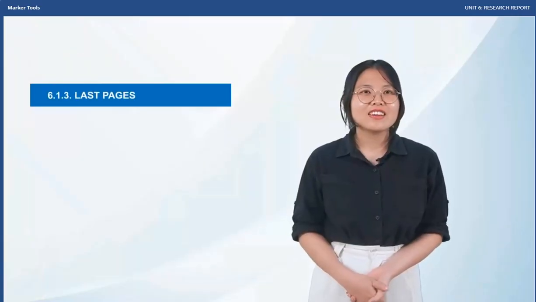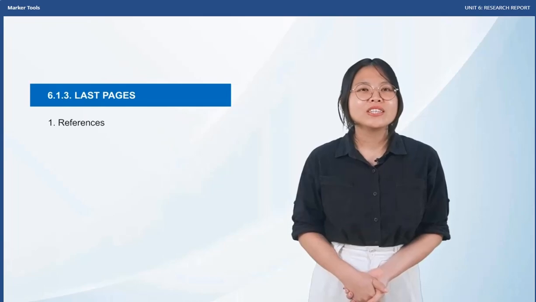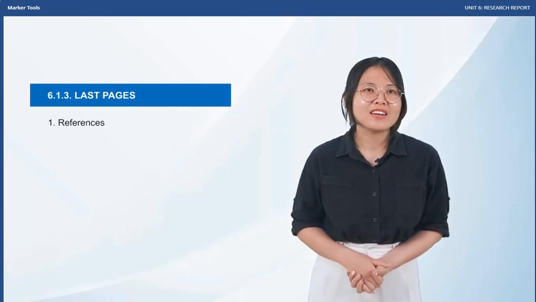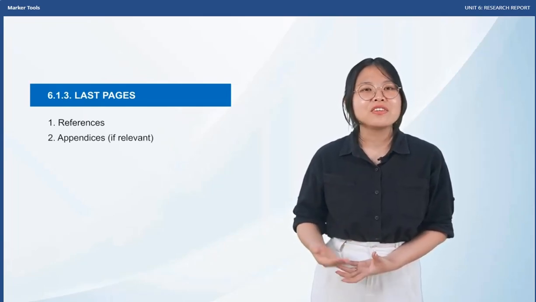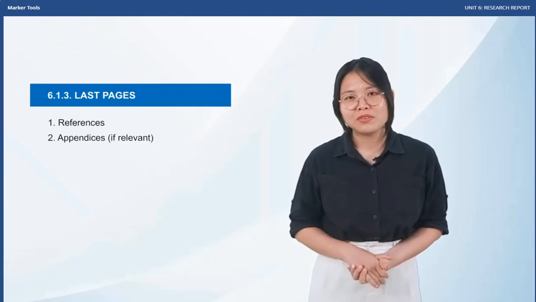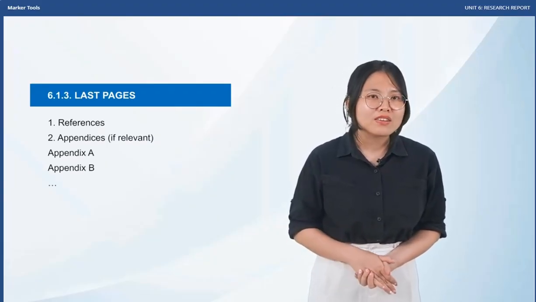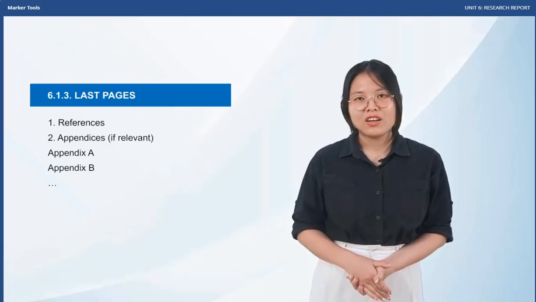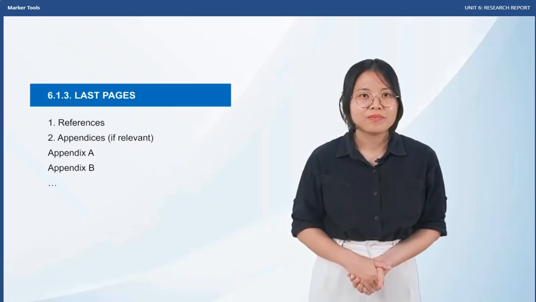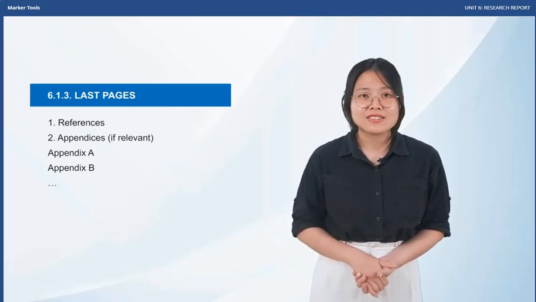Last one is the last page, which consists of references and appendix. References are the source material. Therefore, each reference should be listed only once in your reference section. We learned this one previously. And how about appendix?